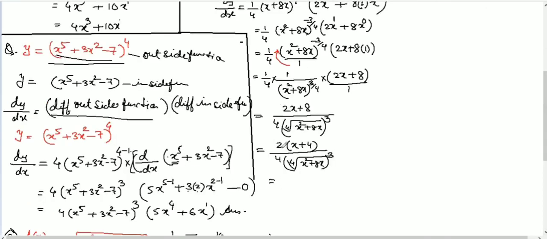Now here 2 times 2 will be cancelled. So here it is x plus 4 over 2 times fourth root of x square plus 8x to the power 3. That will be your final answer here.